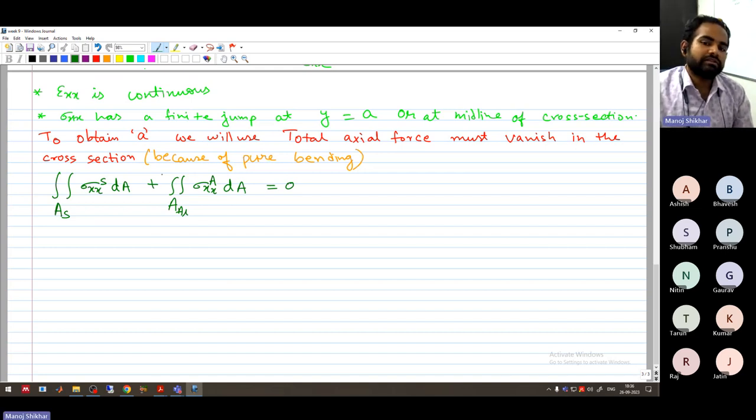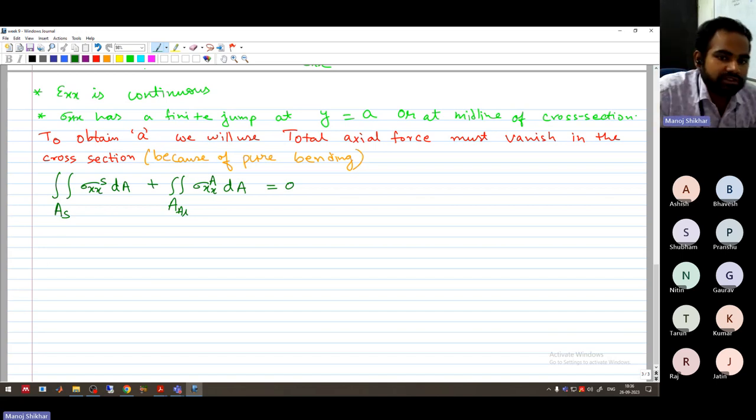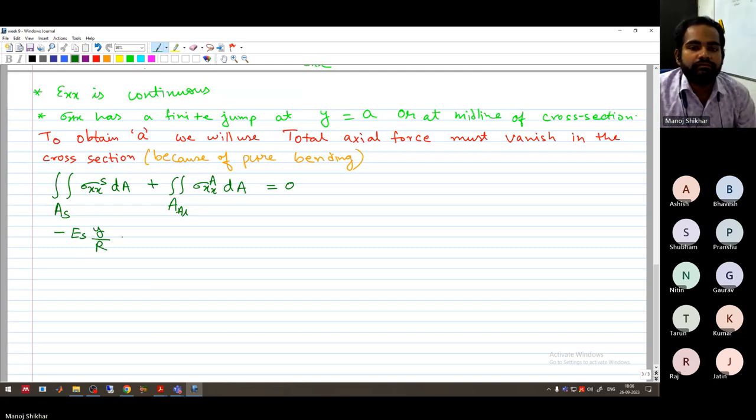So this is the axial force in the steel part, and this is the axial force in the aluminium part, and the summation should be 0. So the sigma xx steel will be replaced by minus E of steel y by r, and the area is dy dz.